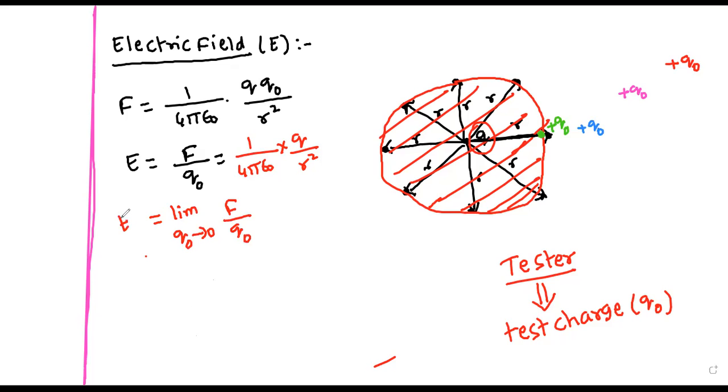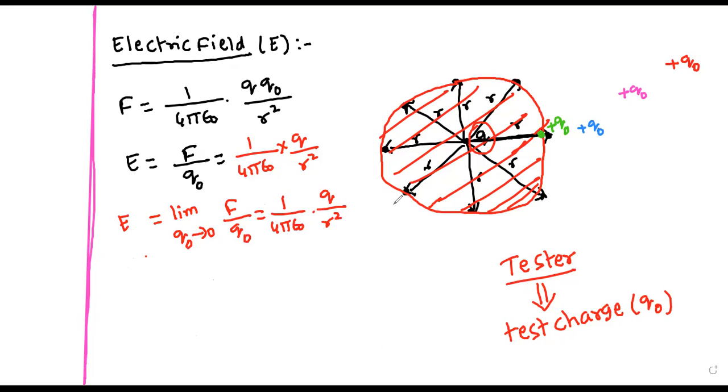That's why in our textbooks and materials, in any reference book, or even in the NCERT textbook, we have electric field as limit q naught tends to 0 of F by q naught. That is nothing but 1 by 4 pi epsilon naught Q by r square.